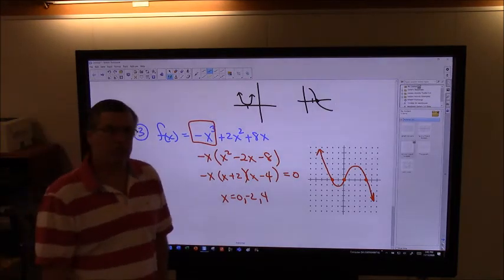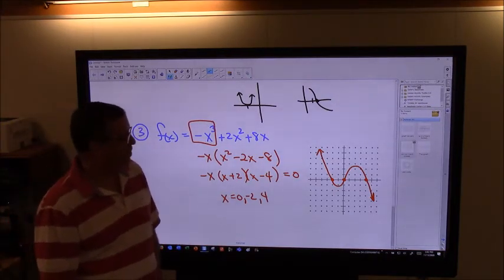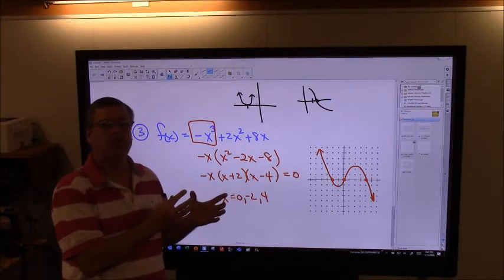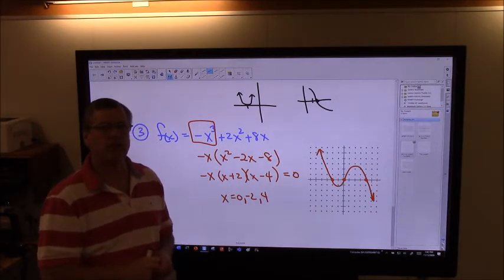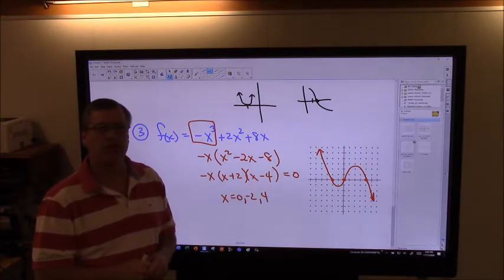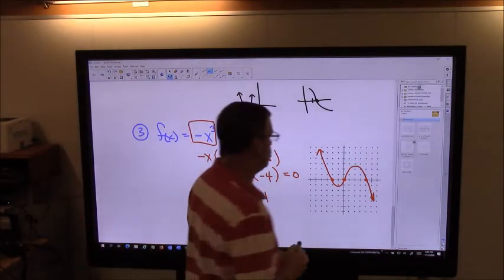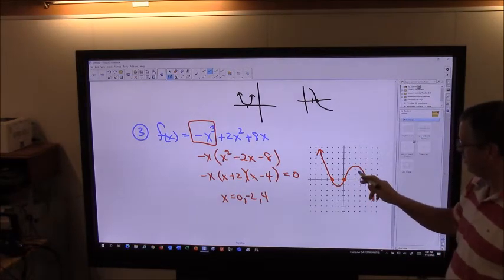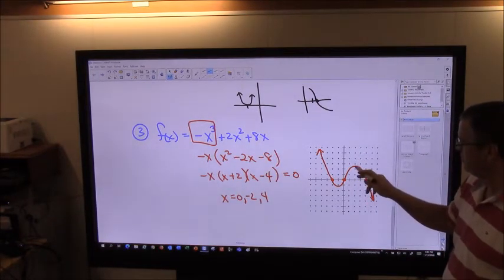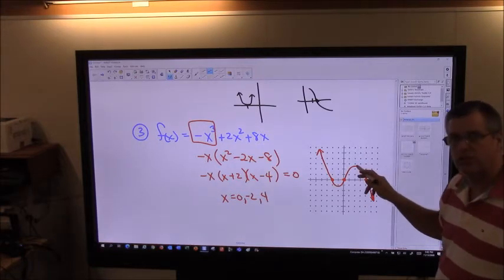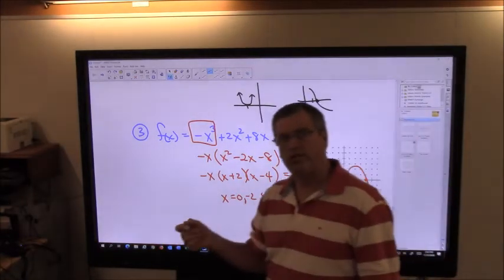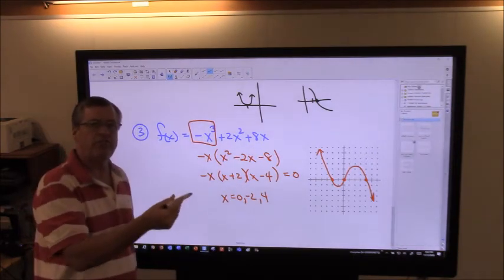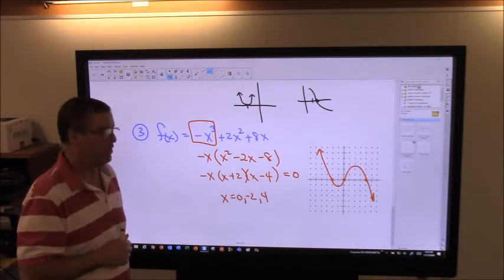Now, is this a perfect graph? No. We're going to call this a sketch. A sketch means we're getting close to what this graph looks like, but it's not perfect. If I want to do a better job, I might need to plug in a number here to see how high this relative maximum should go. One of the things we'll talk about is plotting a sufficient number of points so that you know what it looks like.